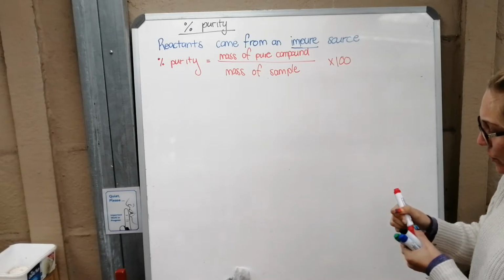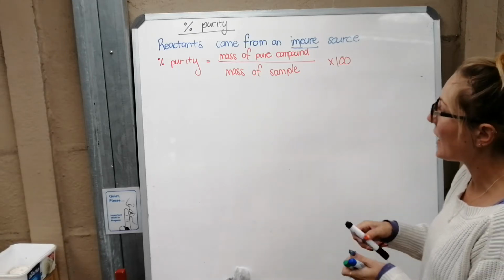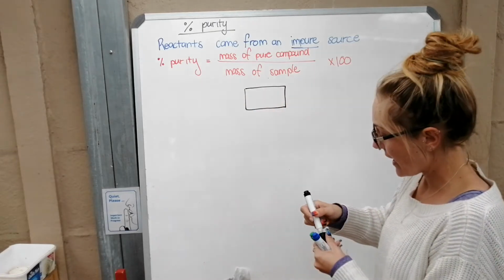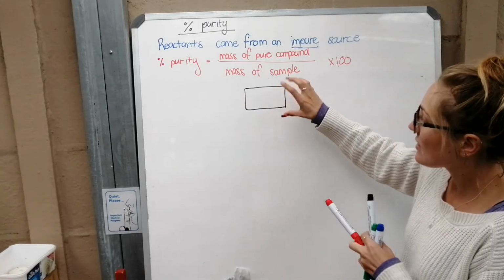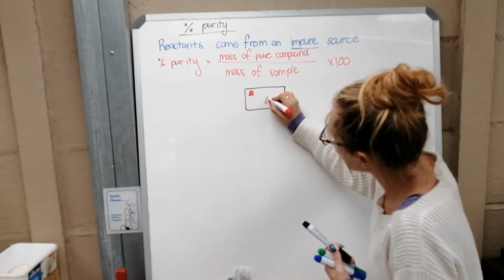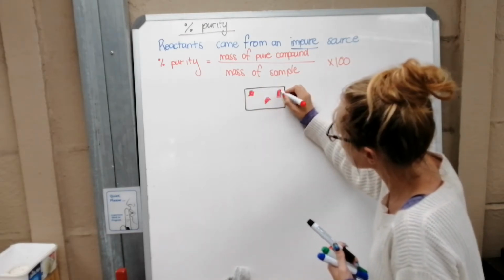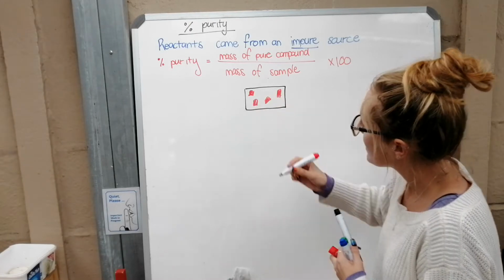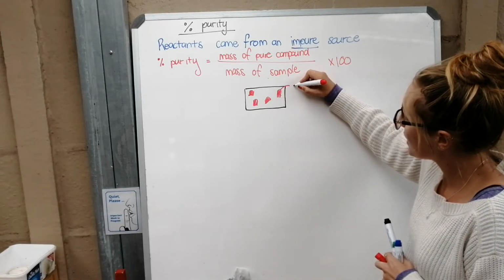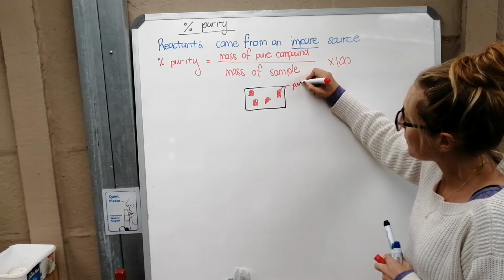Now what those words actually mean is, let's say we have a source of some compound, and inside this source we're actually going to have pure compound. So let's say it's a source of magnesium oxide. Some of that is going to be magnesium oxide. So this red stuff I've put in here, that is our pure compound.